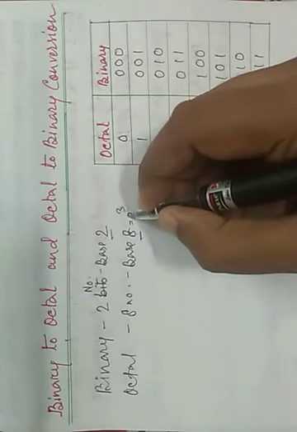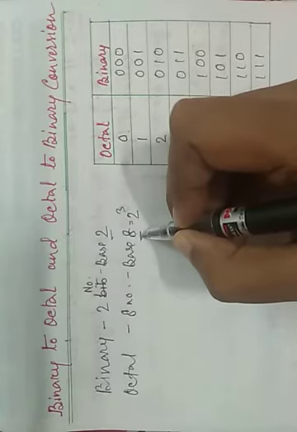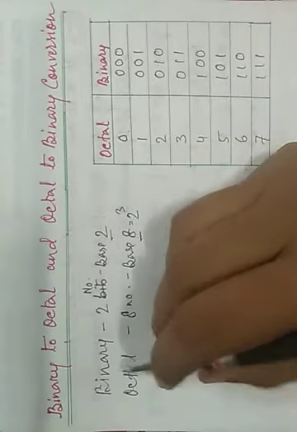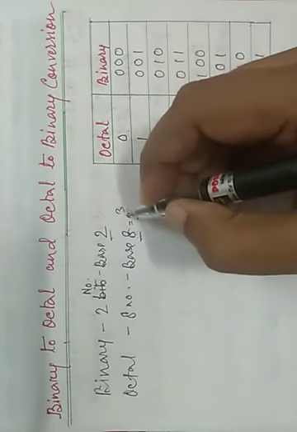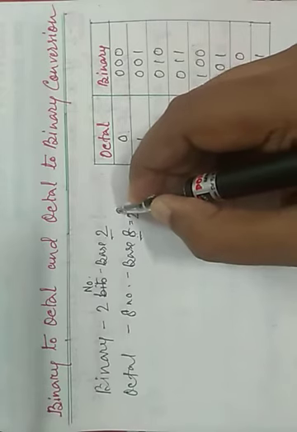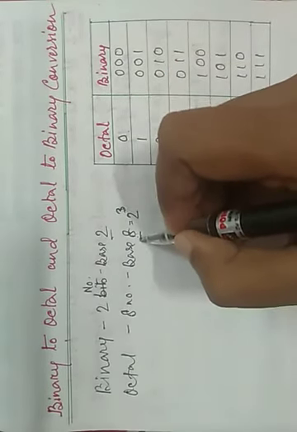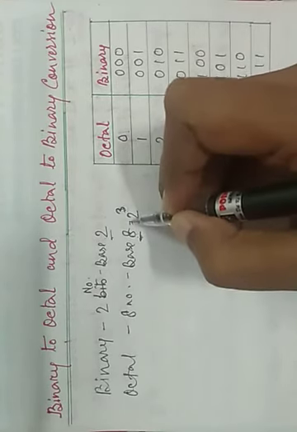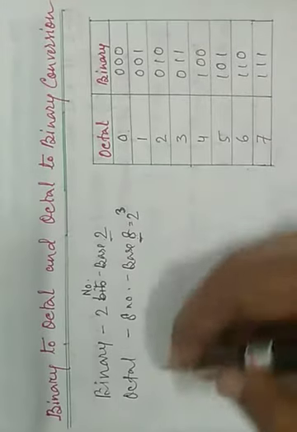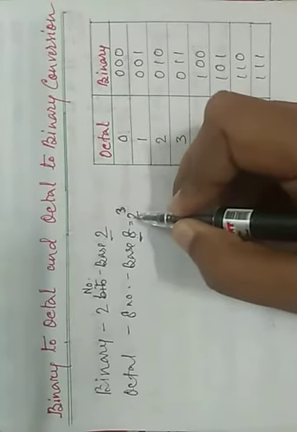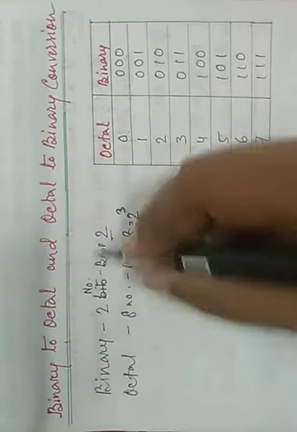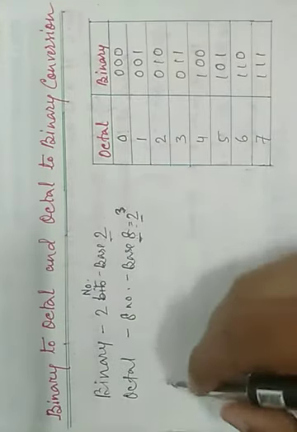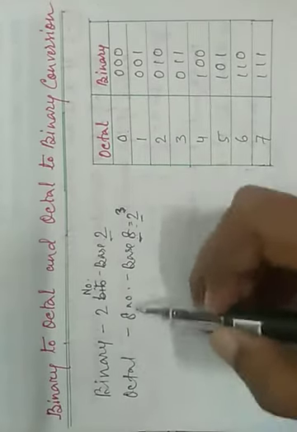So if we are going to display the 8 numbers of octal number system in terms of binary number system, we need 3 bits of binary number system for 1 number of octal number system. How can we get this? I am explaining it. Before that, our main point is, as 8 can be written as 2 to the power 3 and 2 is the base of binary number system, these 3 bits are required to represent 1 octal number.